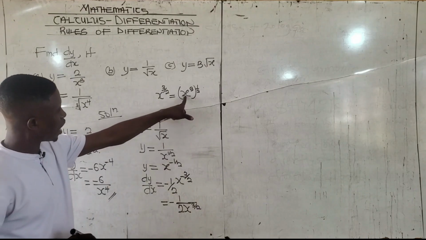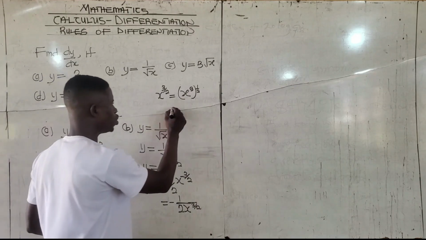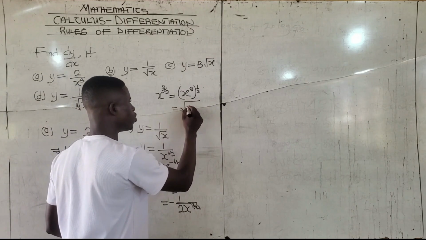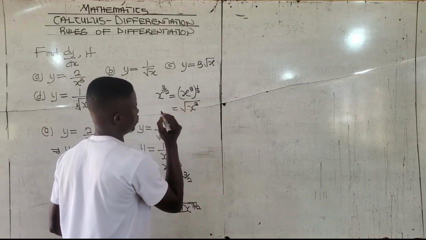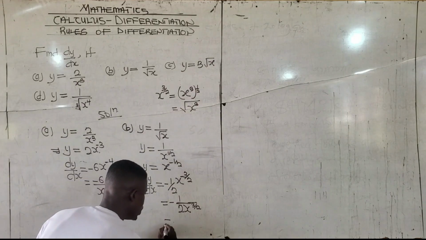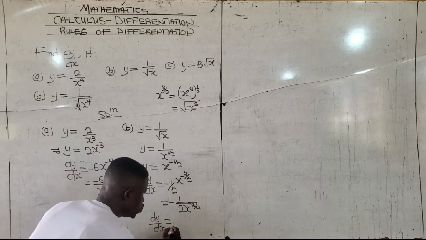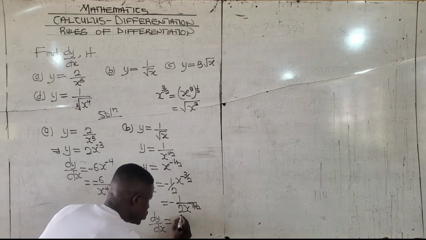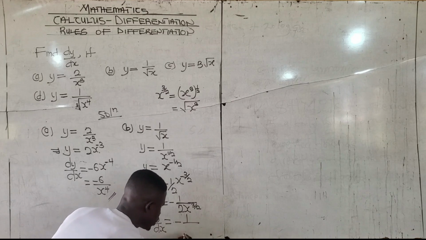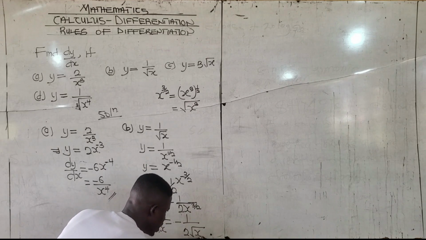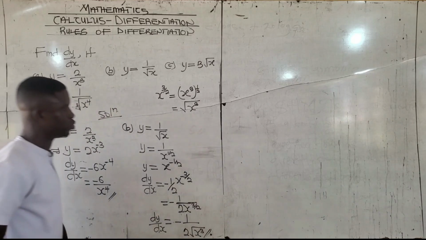Then an expression to the power 1 on 2 is the same as the square root of x to the power 3. So in this case, we are going to have our dy over dx equals negative 1 over 2 square root of x to the power 3. Very simple.